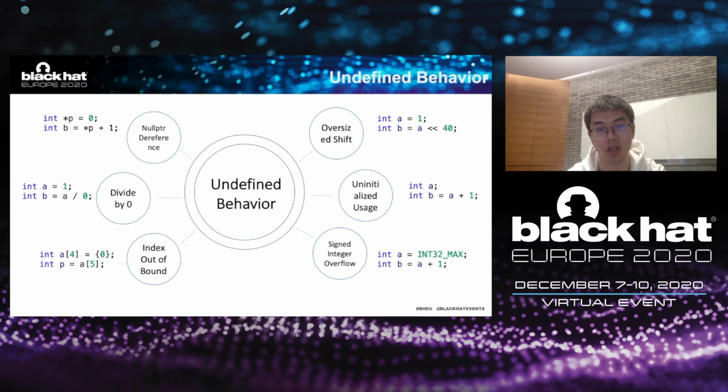Here are some common undefined behaviors, such as null pointer dereference, divide by 0, array index out-of-bound access, oversize shift, uninitialized usage, and signed integer overflow. Most of them are typical security issues.